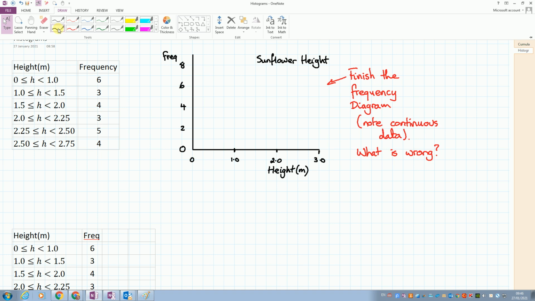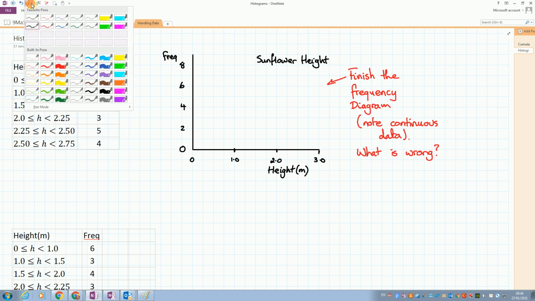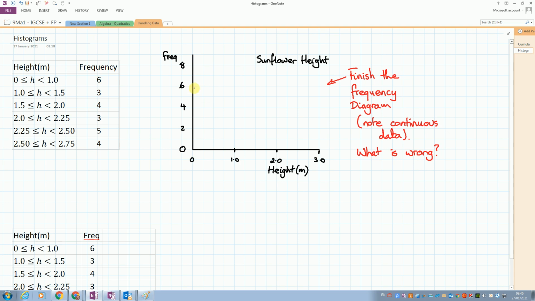So I'm going to draw in my graph using 0 to 1 is 6. Comes down. 1 to 1.5 is 3.